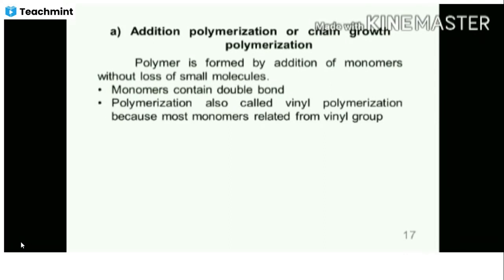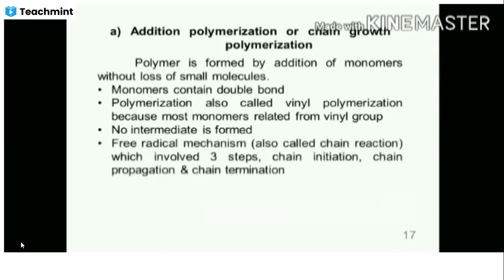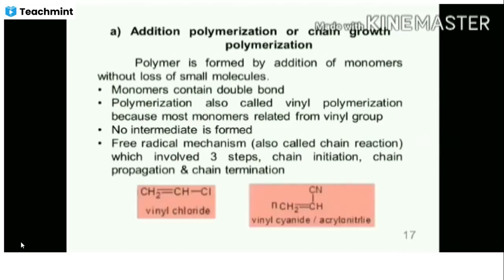No intermediate is formed in the reaction mechanism. It is the free radical mechanism, also called chain growth chain reaction, which involves three steps: chain initiation, chain propagation, and chain termination. This is vinyl chloride and vinyl cyanide, also known as acrylonitrile.